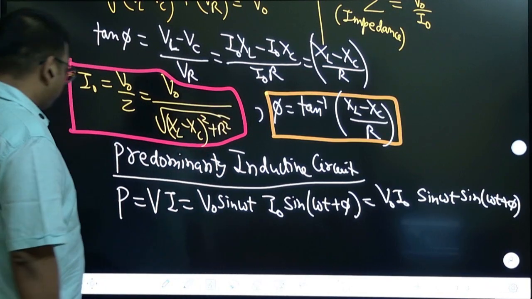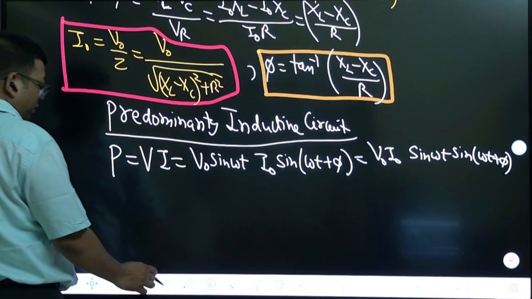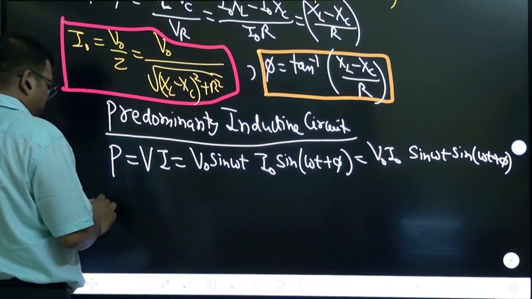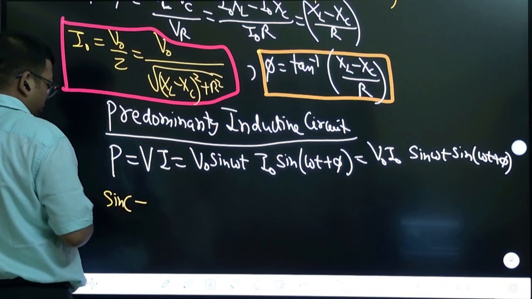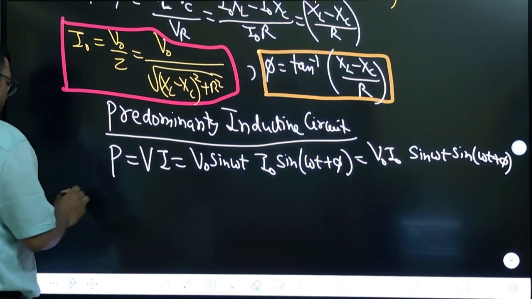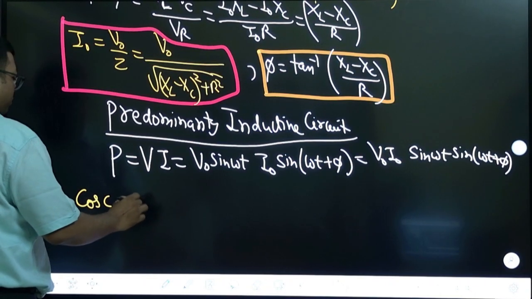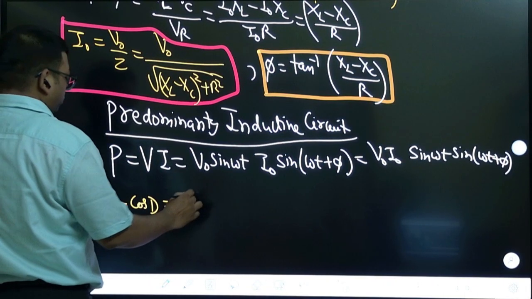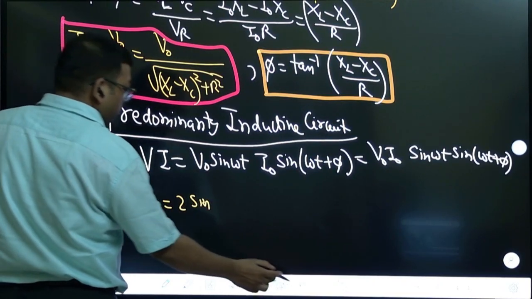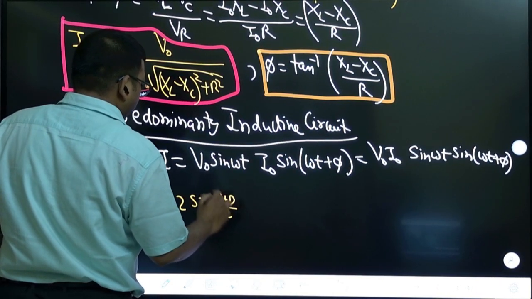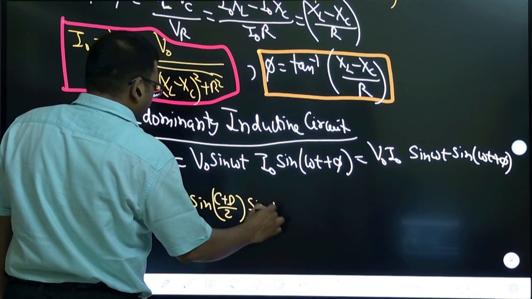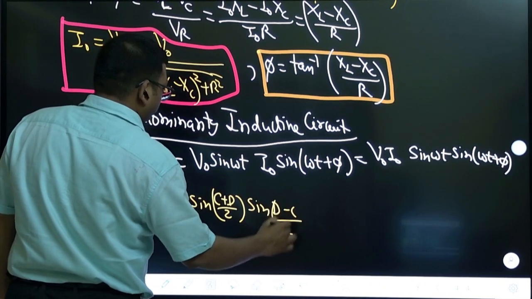Now according to trigonometry, we can transform this using the cos c minus cos d formula. What is the cos c minus cos d formula? It is 2 sine (c plus d) by 2 sine (d minus c) by 2. This formula you have to remember.